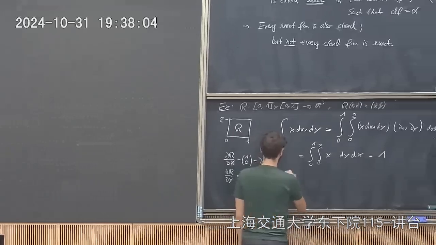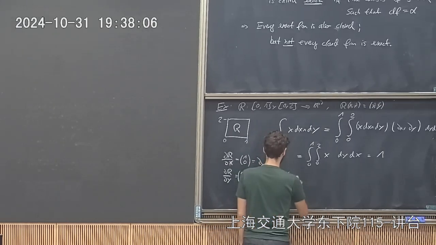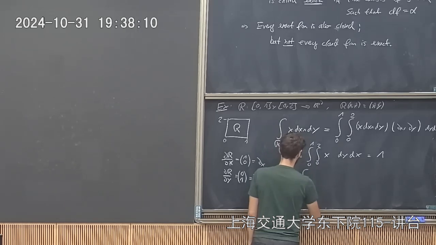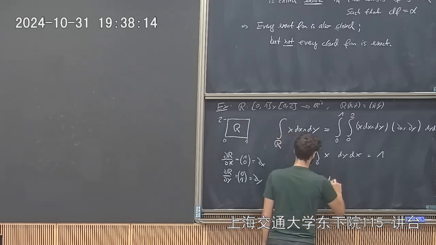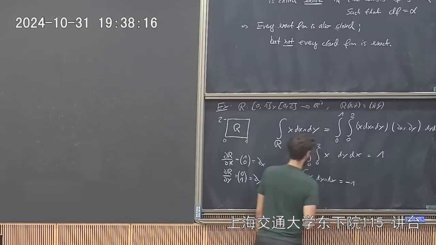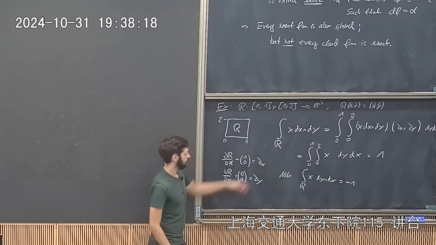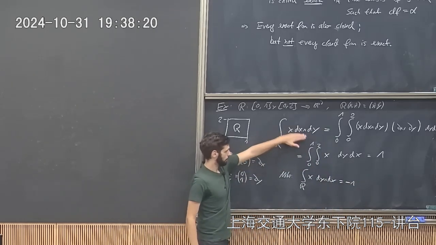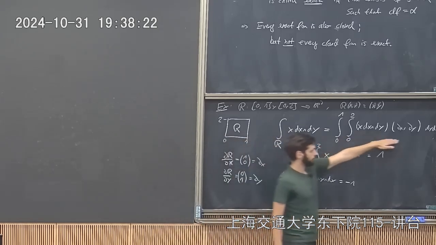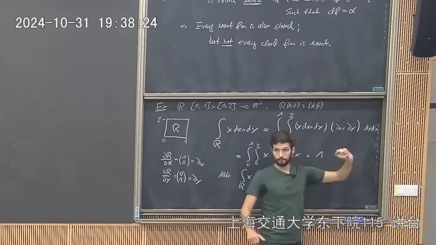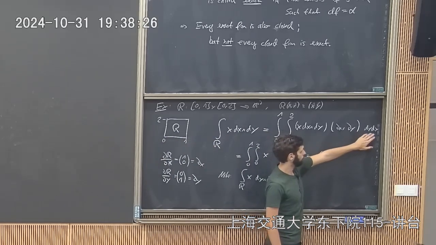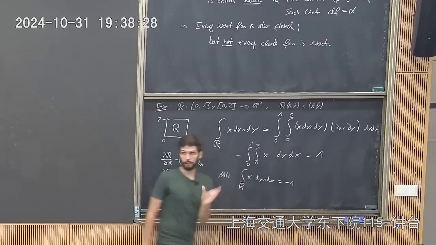Note that if you change the order, then we get -1. So it really depends on the order. The ordinary integral, where we have just dy and dx, doesn't depend on the order.